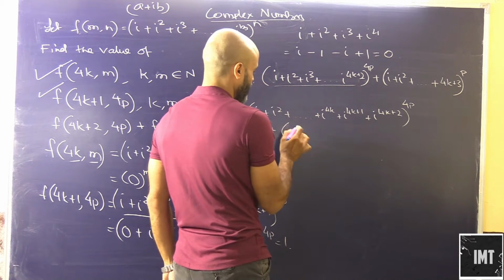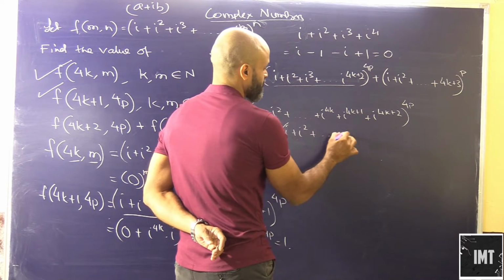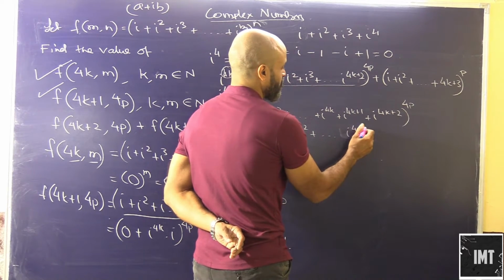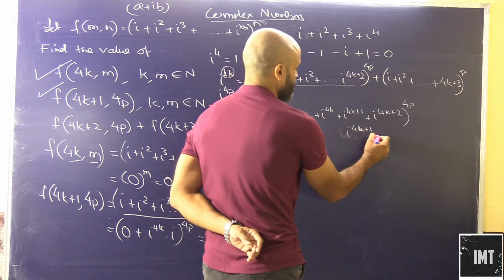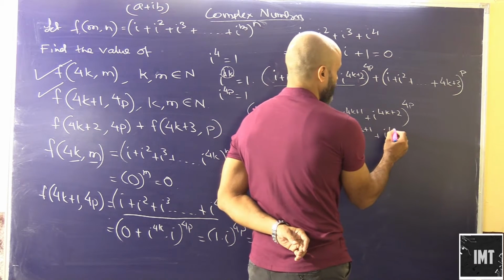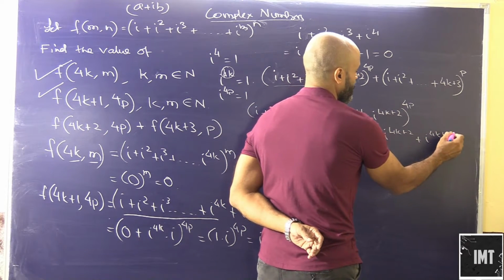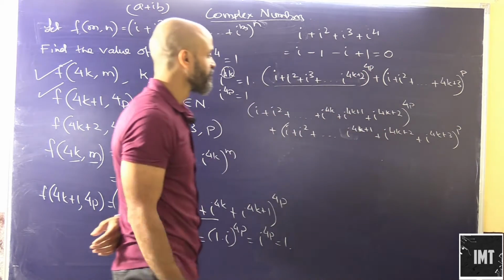i plus i squared plus i^(4k), i^(4k+1), i^(4k+2), i^(4k+3) to the power of p, okay.